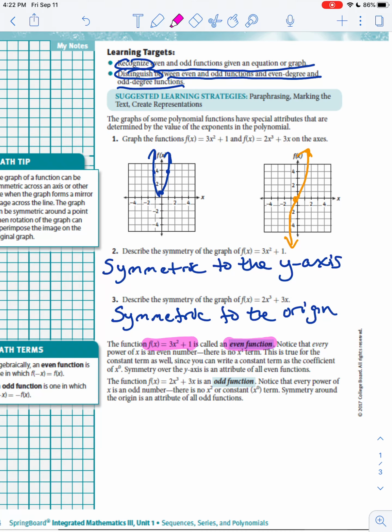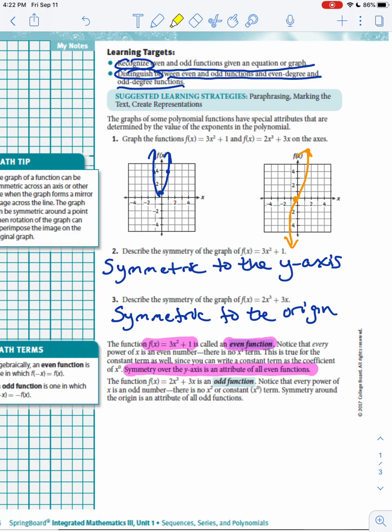So 0 would be a constant, considered an even term. So this is true for the constant term as well, since you can write the constant as x to the 0. So symmetry over the y-axis is an attribute of all even functions. So anything that was even would have some sort of symmetry over the y-axis.